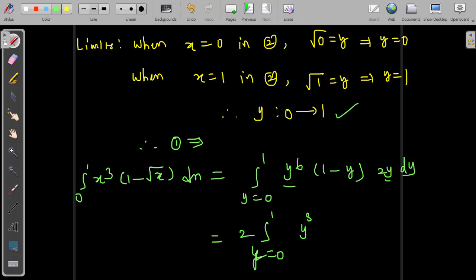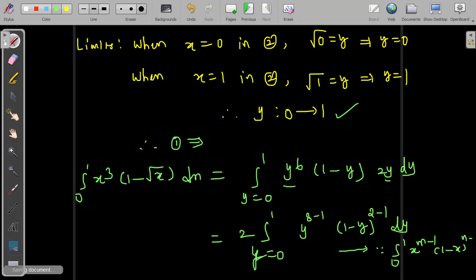That 7 can be written as 8 minus 1. Again we have only 1 minus y, which can be written with power 2 minus 1, because 2 minus 1 is 1, times dy. This is the definition of a beta function, the integral 0 to 1 of x power m minus 1 times (1 minus x) power n minus 1 dx format, which equals beta of m comma n. Same format here: beta of m means 8, n means 2.